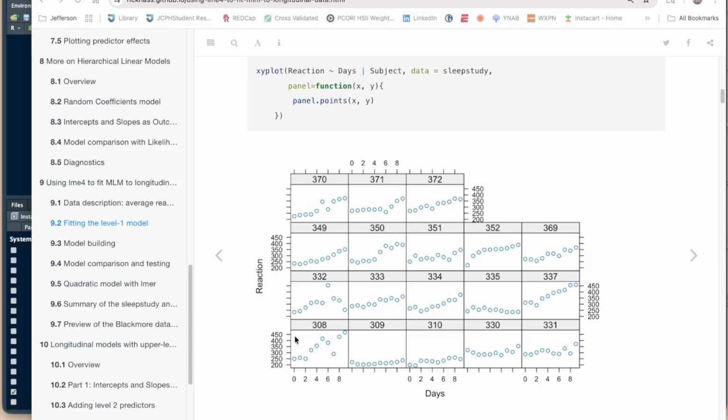We want to allow some variability, not only in where people start, so their baseline reaction time, that's the intercept in this model. We'd like to allow for some of that variability, but more importantly, we'd like to also allow for some variability in the slope for days or time in this case, right? We're just going to fit linear models, but we can test some nonlinearity as well, and I'll show you how to do that.